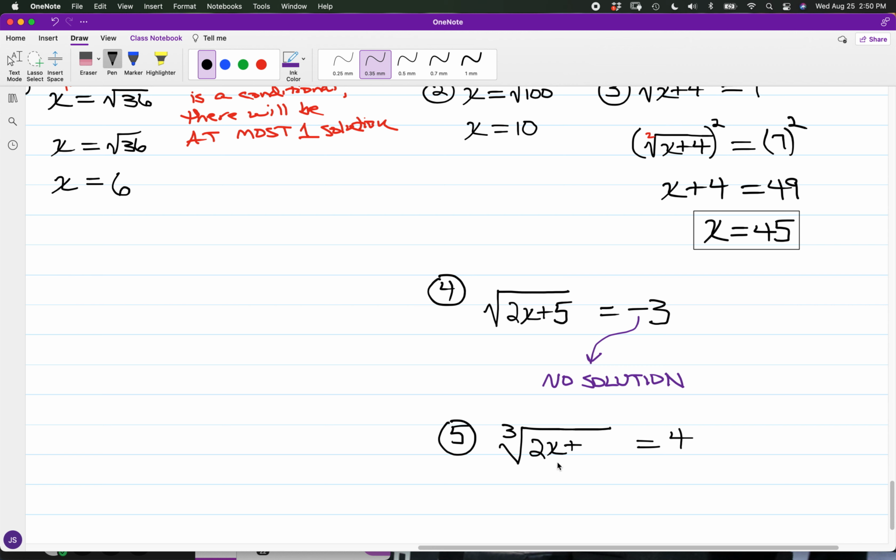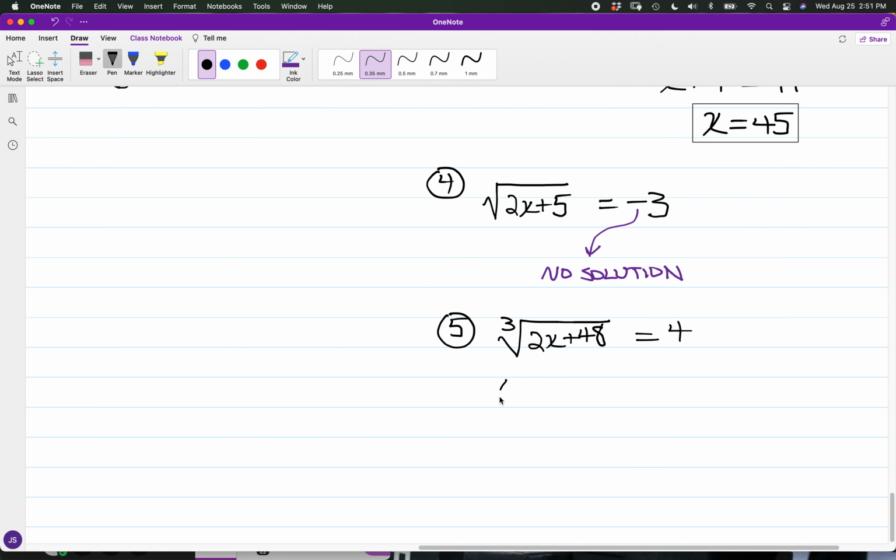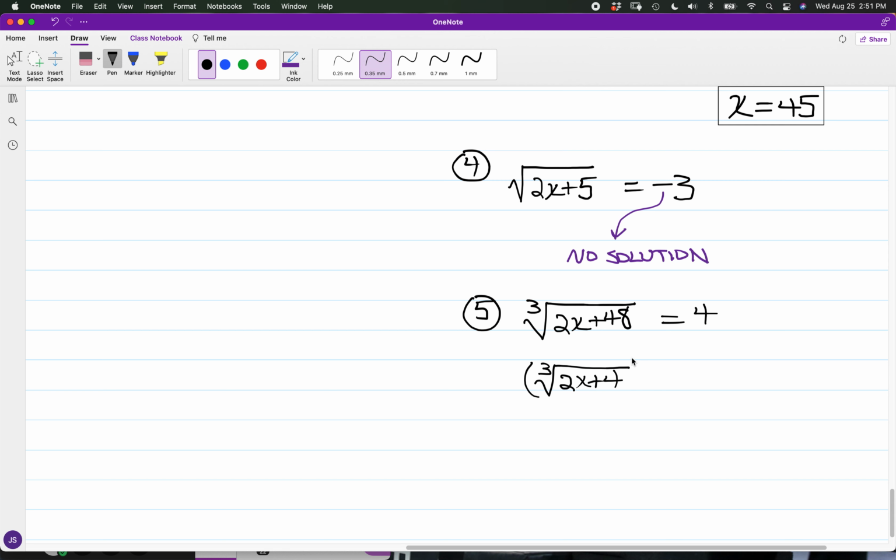Let's say I had the cubic root of 2x plus 48 is equal to 4. Again, we don't have to worry about the principal square root rule, because you can have cubic roots of an expression be positive or negative.